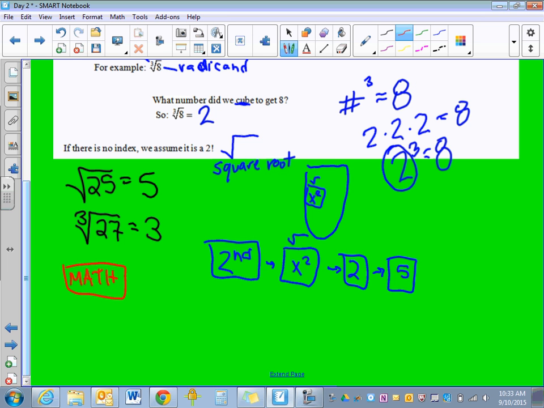Right, it's the fourth option. So arrow down or scroll down to number 4, or you can actually hit 4. It looks like this. And then that will give you a nice cube root there. And then you type in 27. And the cube root of 27 should give you 3. Any questions on that?